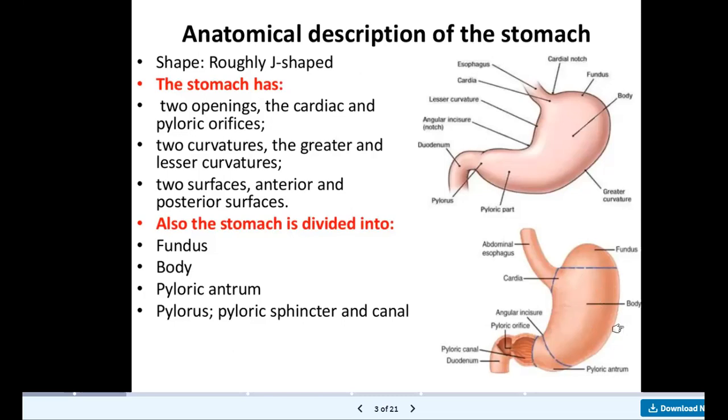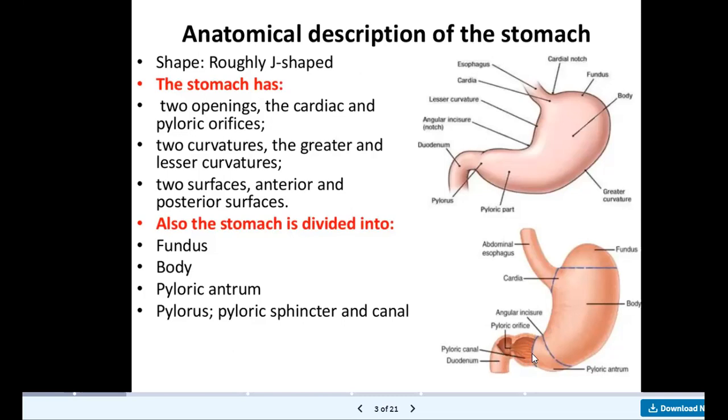And then we have this part, which is called the body of the stomach. So the body is the larger part that is between the fundus and the pyloric antrum. And then the third part is this place here we call the pyloric antrum. And then lastly, you have the pylorus. And this pylorus is made up of the pyloric orifice, the pyloric sphincter and the pyloric canal through which digested food moves into the duodenum.